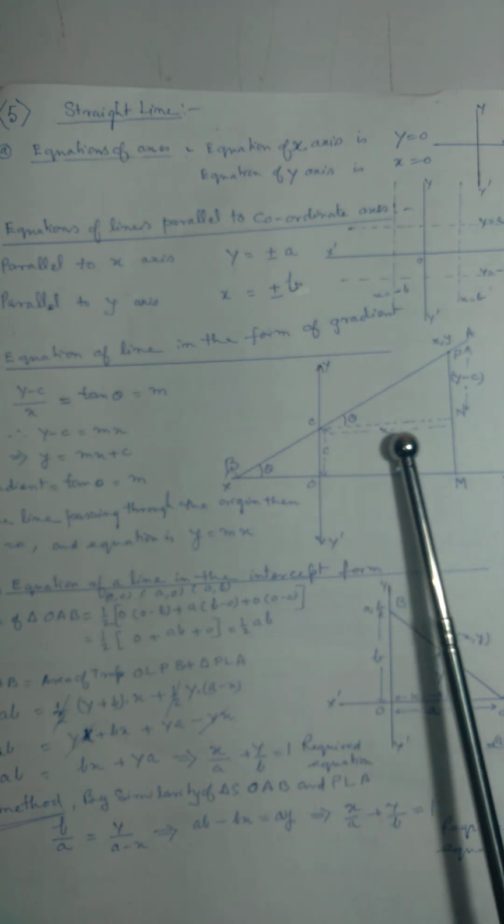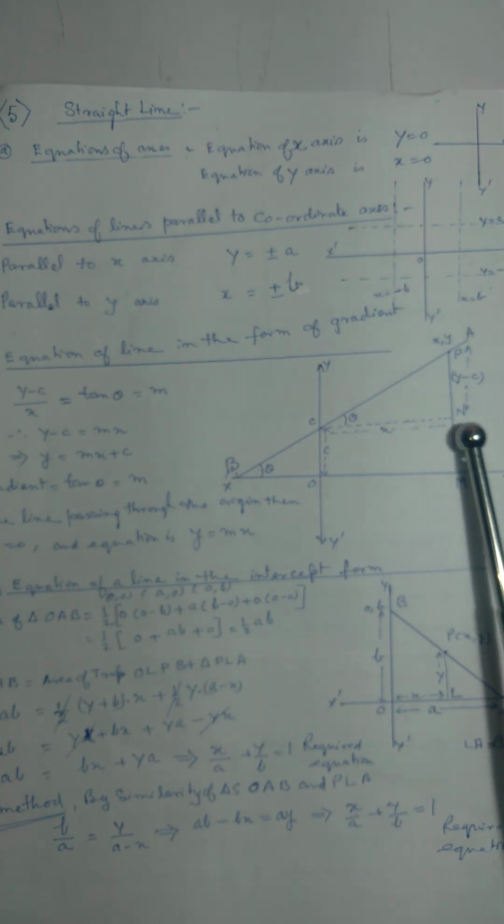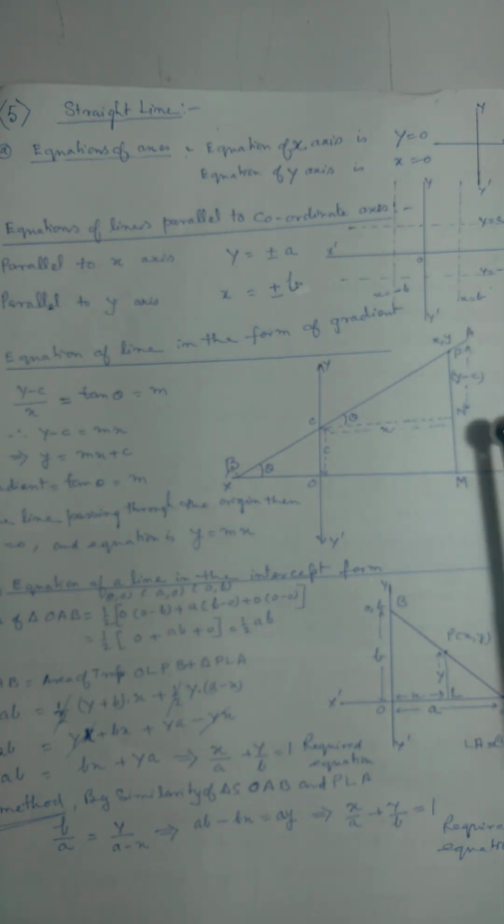From here you draw a line parallel to x-axis which intersects PM at the point N.